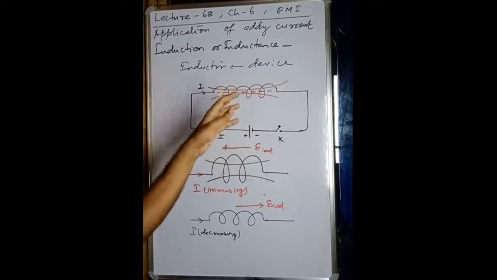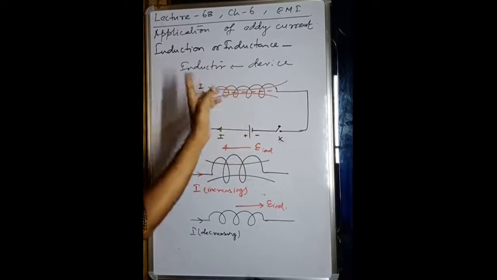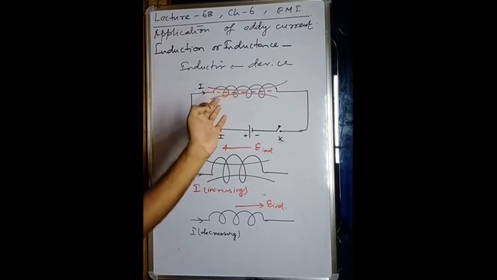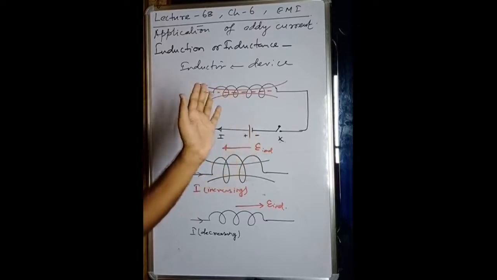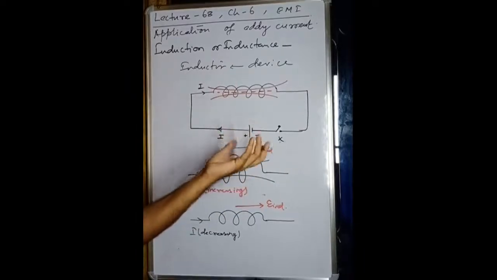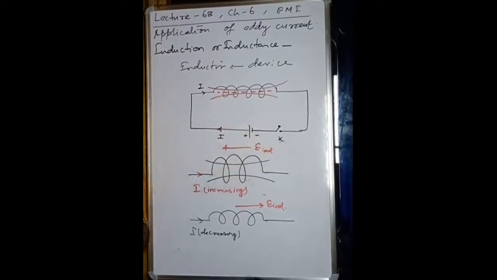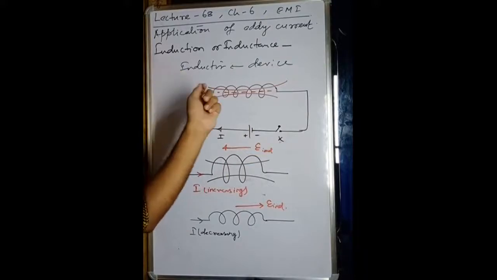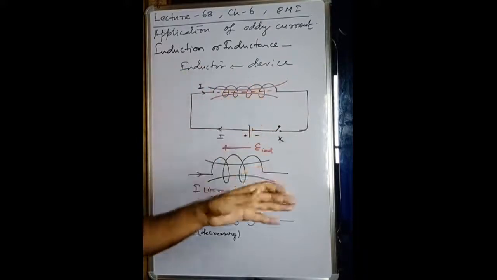In that case this inductor behaves as an ordinary conductor. Remember, we will study the resistance as we study the resistance of other conductors. All conductors, that is the inductors, have resistance as well.